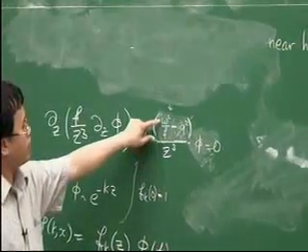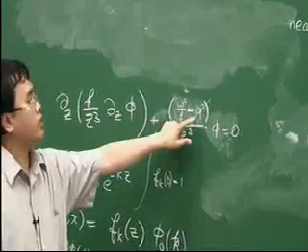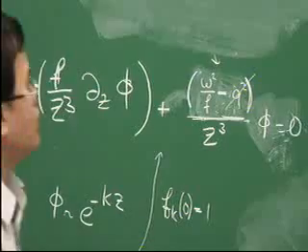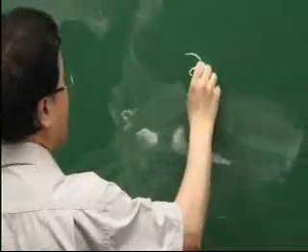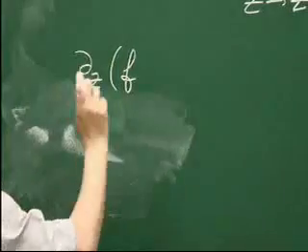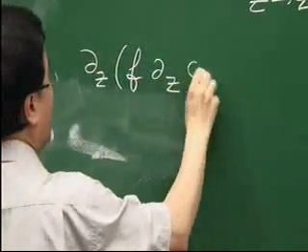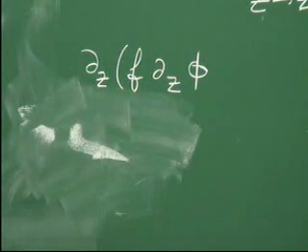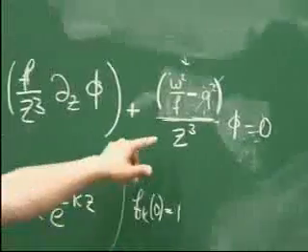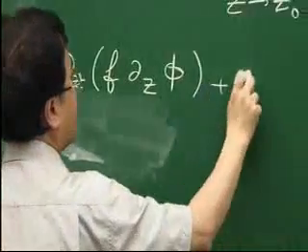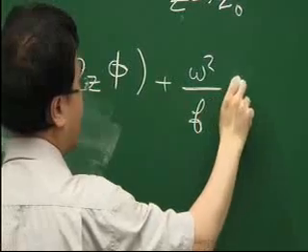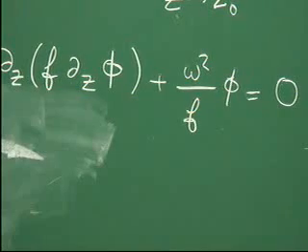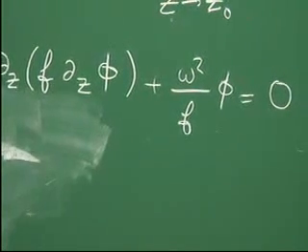If the frequency is non-zero, this one will always dominate the q squared if we go close enough to the horizon, so I will ignore that. So roughly speaking, the equation will become something like this, dz of phi. Let me naively put z equals z naught here, and then neglect the z. It's correct when we analyze the behavior of the solution near the horizon. So the equation looks something like this.